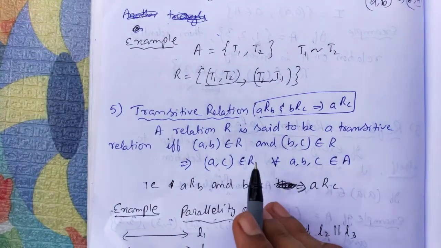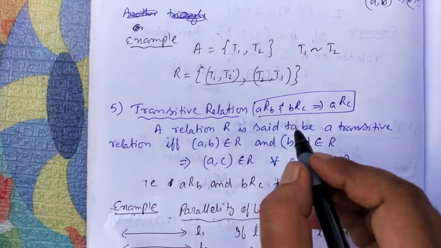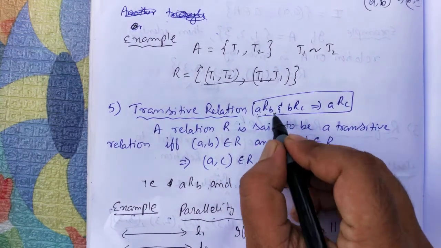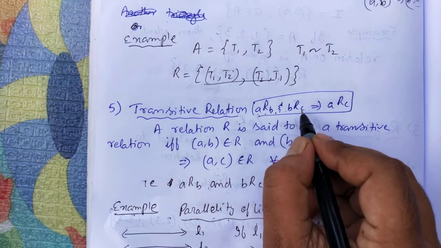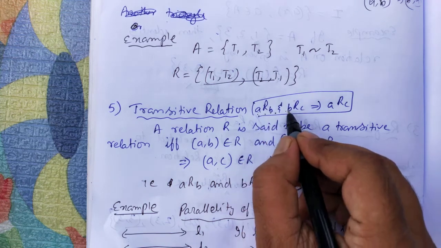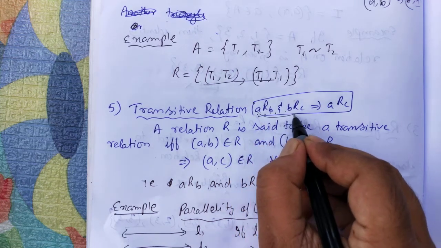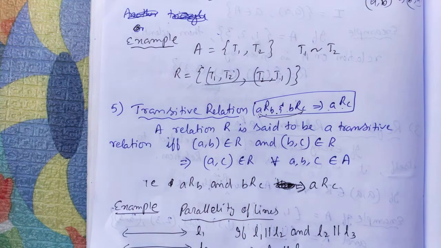Transitive relation. Here the situation is like this: if a relates to b and b relates to c, then a must also relate to c, okay?